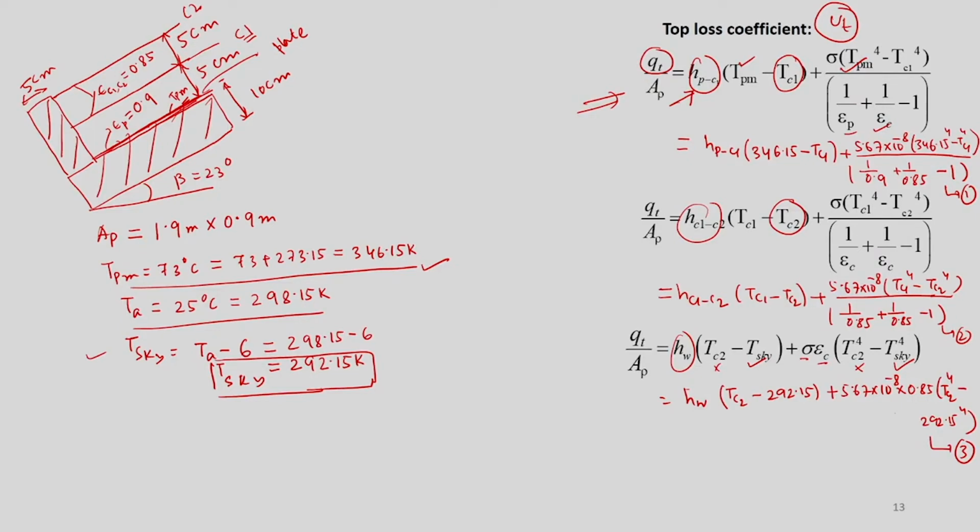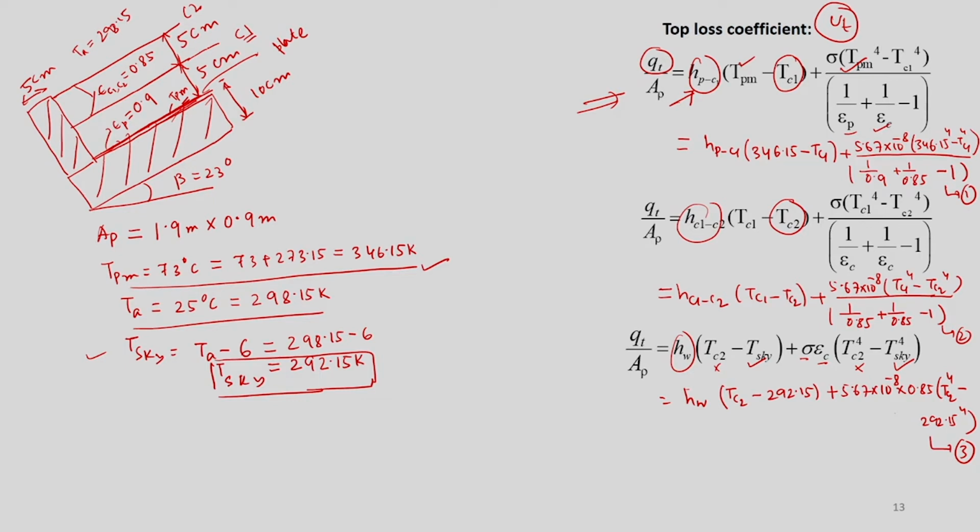We need to apply our common sense, right. So, TA, if we write TA here, it is given as 298.15. This temperature what we got is 346. So, 346 minus 298.15 is about 48, so half of it is 24.